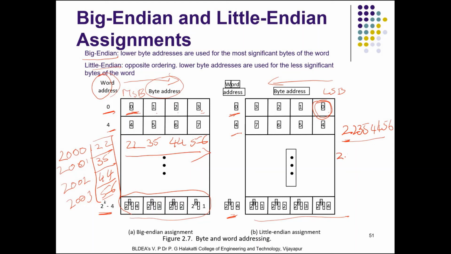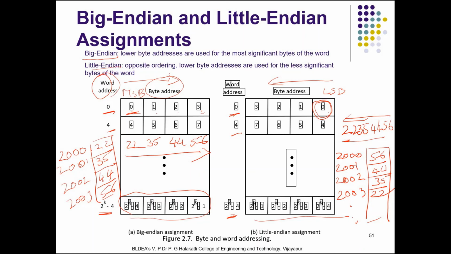Now here also we have the addresses 2000, 2001, 2002, 2003, and so on. Now here the number is stored from right to left. So 56 will be stored first, then 44, then 35, and then 22.